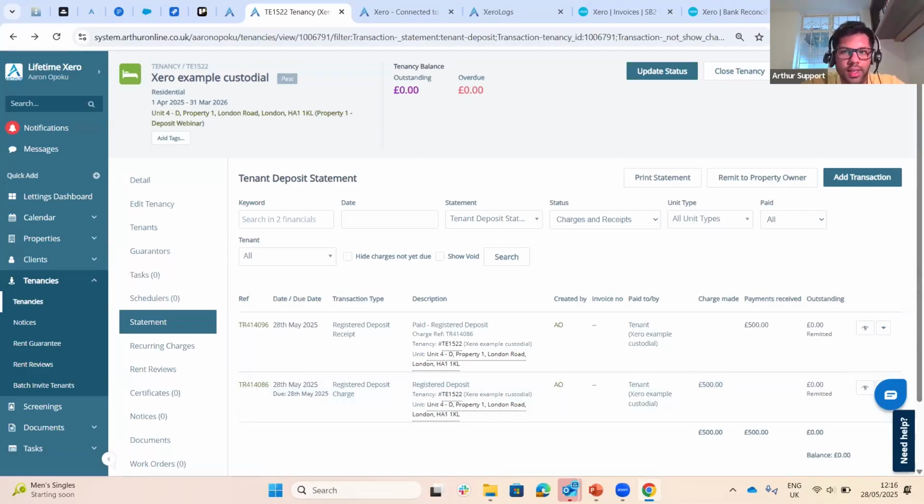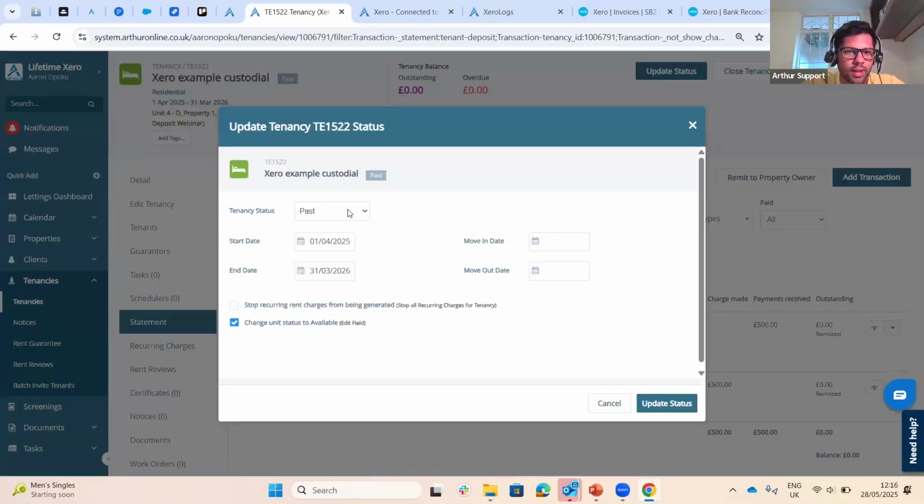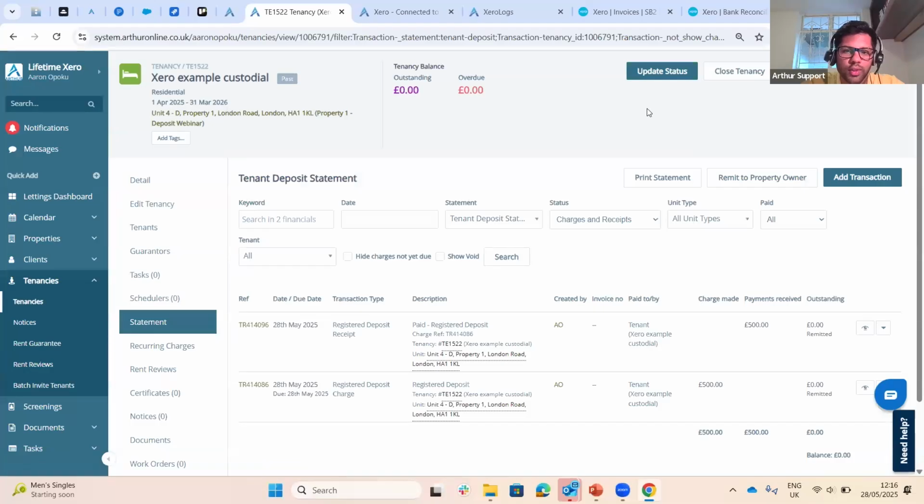If you want to set up a new tenancy, don't close the initial tenancy, because that will process the deposit refund, which is not happening. Instead, when the tenancy ends, don't close it, but you can mark the tenancy as past manually. Then for the new tenancy, don't create the deposit charge.